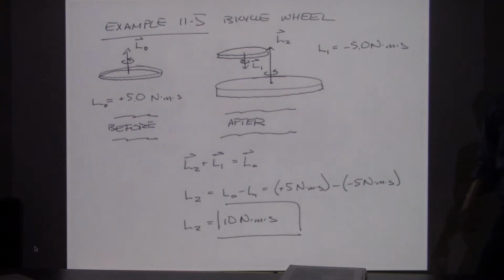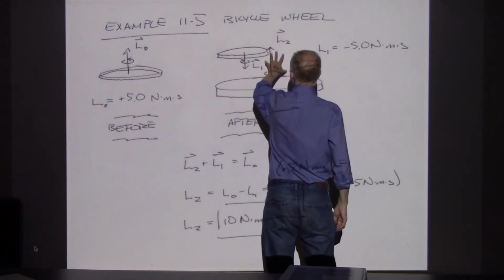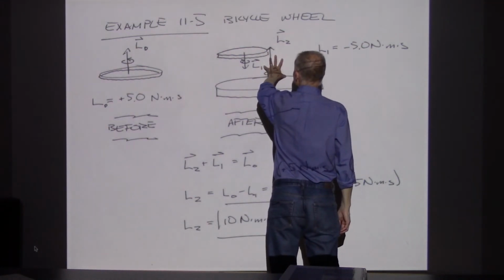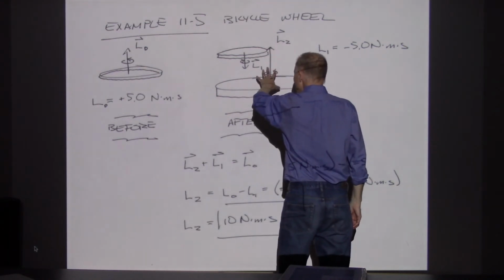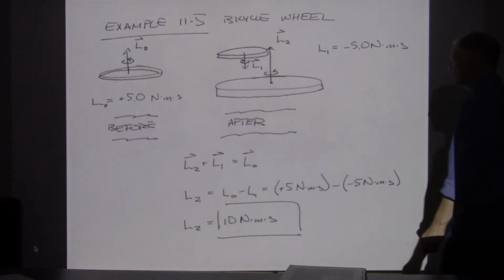So the platform is free to rotate around the axis of rotation that we're looking at. And so what will happen is if I take L1 plus L2 combined, the total angular momentum after needs to match the total angular momentum we started with.